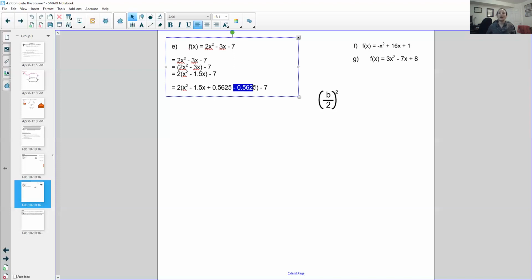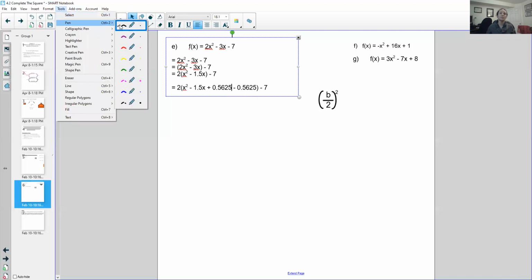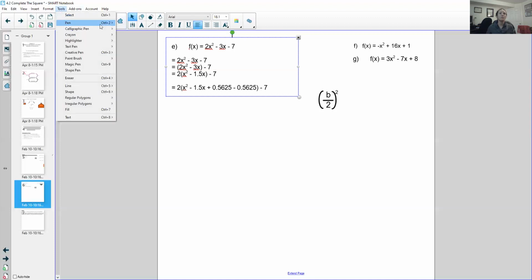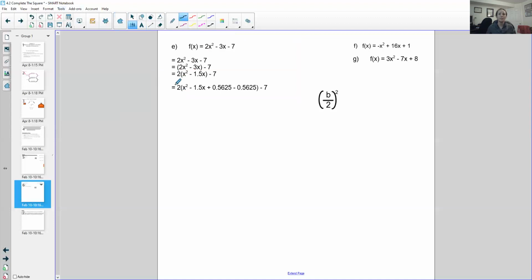This negative 0.5625, I don't want it there anymore. I need it to get out of the brackets. But before I just get rid of it, I have to remember that this 2 applies to everything in the brackets, including this last term.